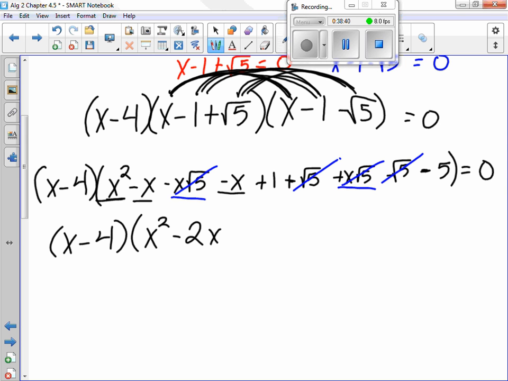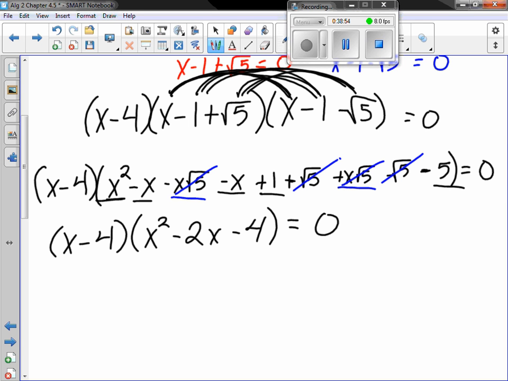Square root of 5 and negative square root of 5 would cancel. And that leaves me with 1 minus 5, which would be negative 4. Let me simplify this here. Questions on this here? Are we good with this here? Yes?